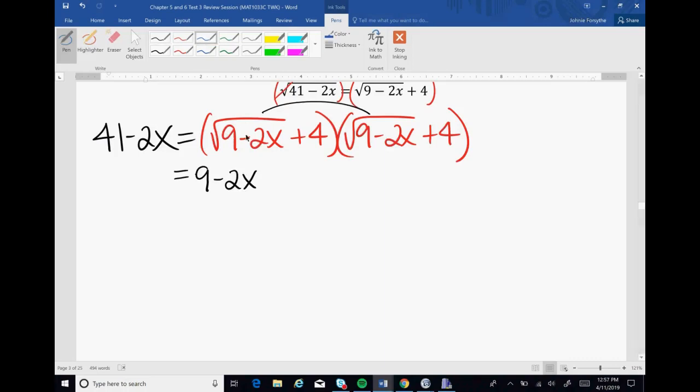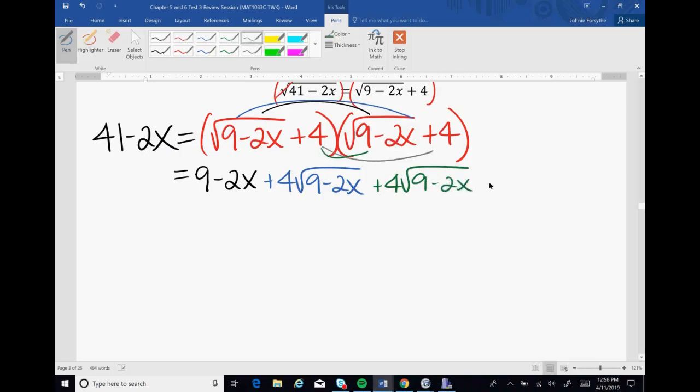And then next, 4 times square root of 9 minus 2x will be 4 times square root of 9 minus 2x. Then on the inside, same thing, 4 times square root of 9 minus 2x. And then last, 4 times 4 is 16.